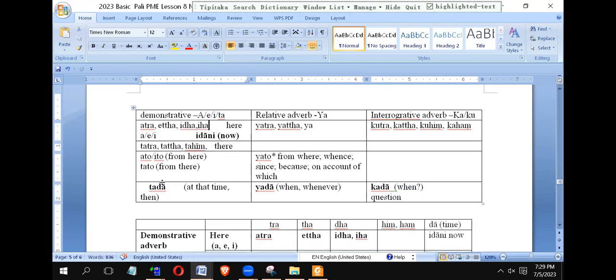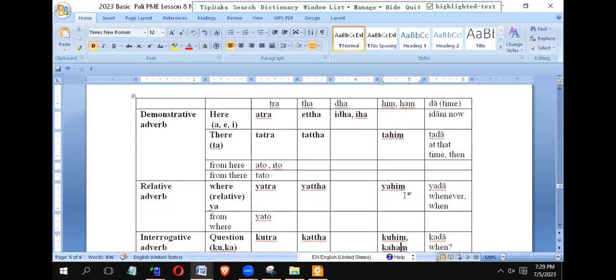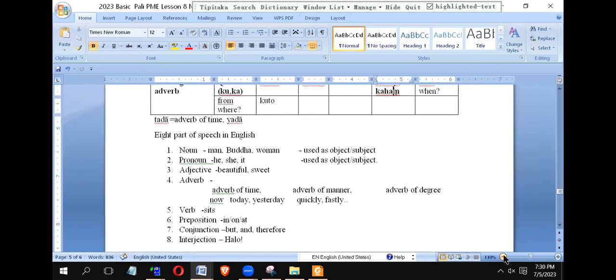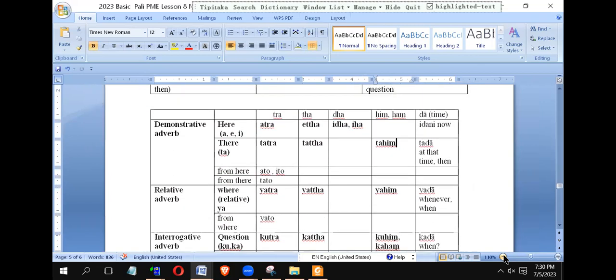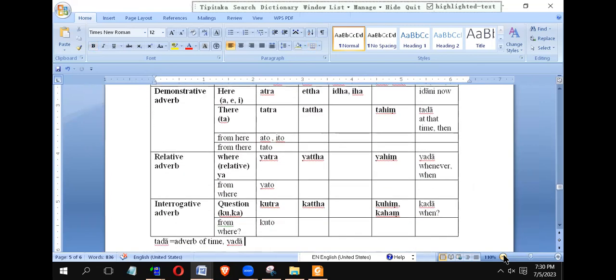So when starting with tada, it is a demonstrative. When starting with the Y, when, a relative adverb. This one we will see in an example in the exercise. And starting with the K is a question, right? When? You can draw a table like this, if you like to study tables, which I do. It looks complicated, but actually it's logical.